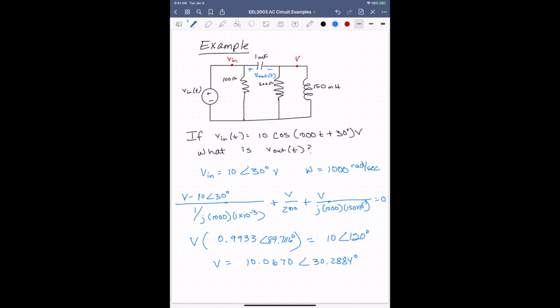Okay, now the V is not what we were looking for. We were looking for V out.